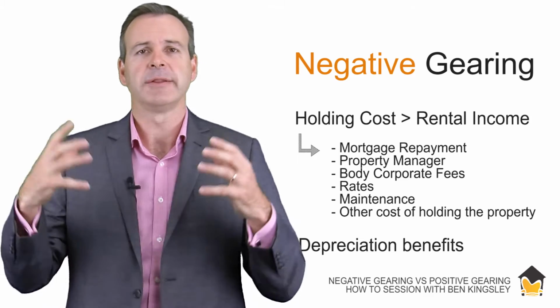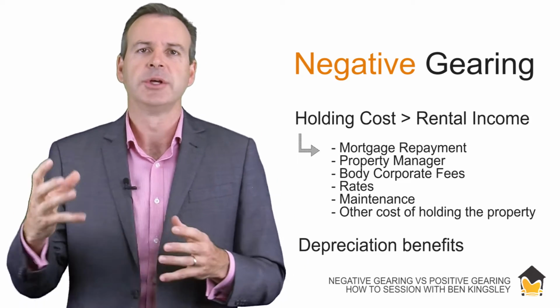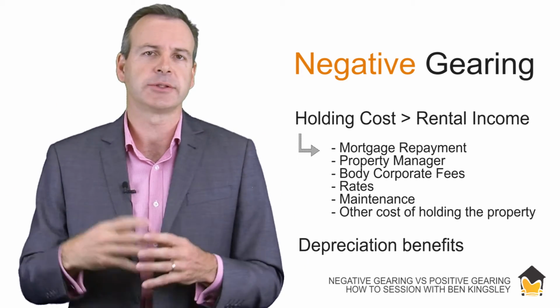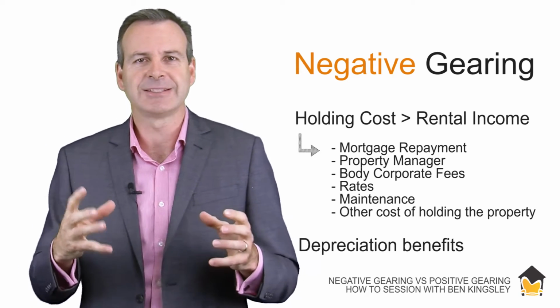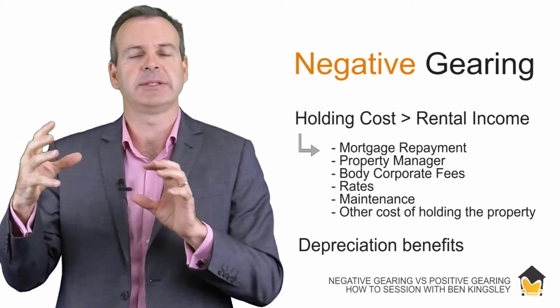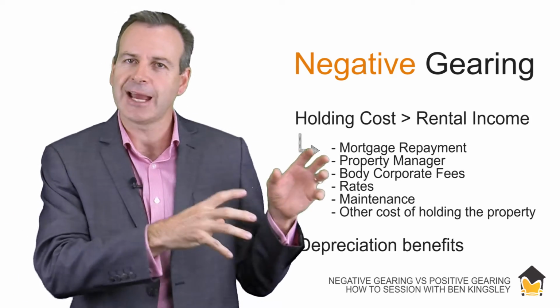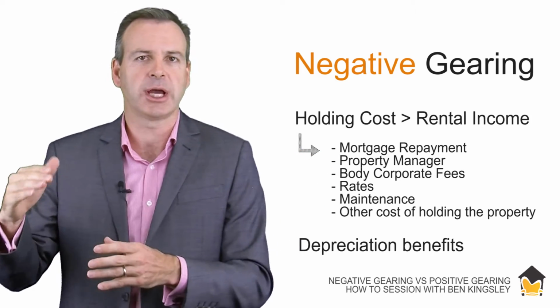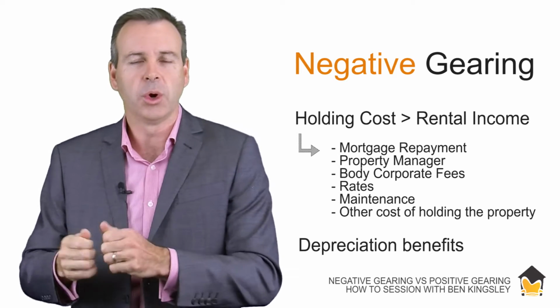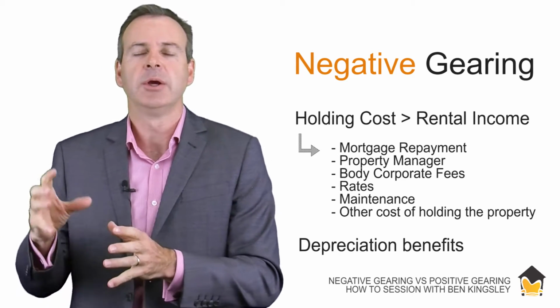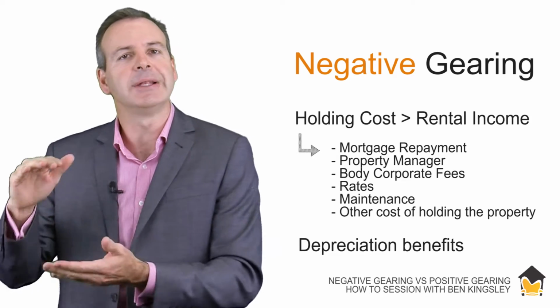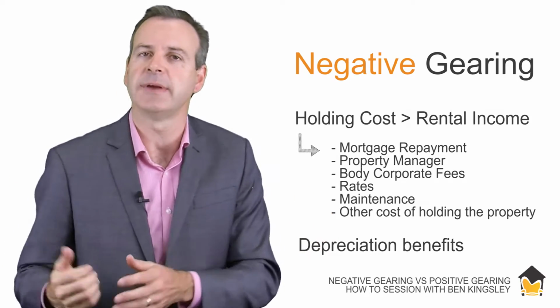Effectively, over time, the house will depreciate in value, so we're able to write off some of those components of the house. That is also a positive message from an income point of view, because we can write those off, which means that we get a tax benefit associated with that depreciation, which means that the shortfall or the negative gearing position that we're in will actually potentially be less than what it is. So we have to put less of our money in there.